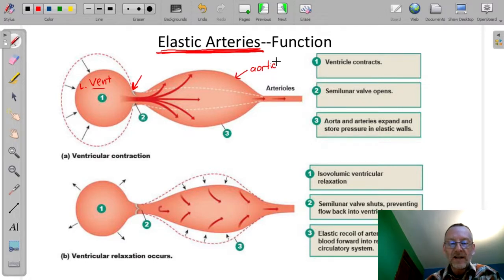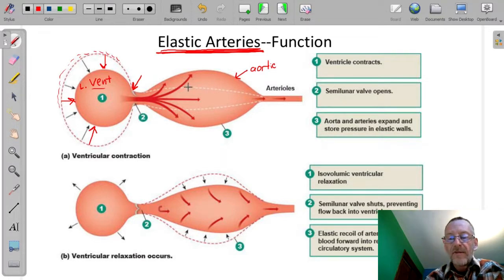Very elastic. So the idea in this figure is that during diastole, the ventricles are filling out to the dashed line, and then during systole, when they contract, the ventricles literally get smaller, and they force the blood out of the ventricle into the aorta. There's a large surge, a large pulse of volume that enters the aorta, and the aorta is elastic, so it stretches.